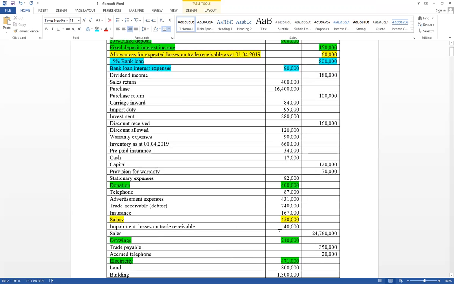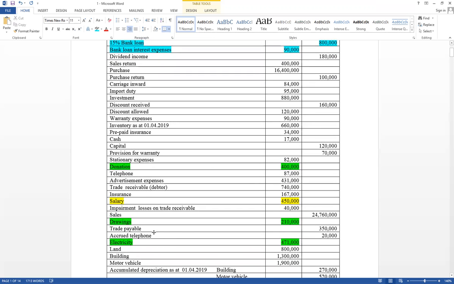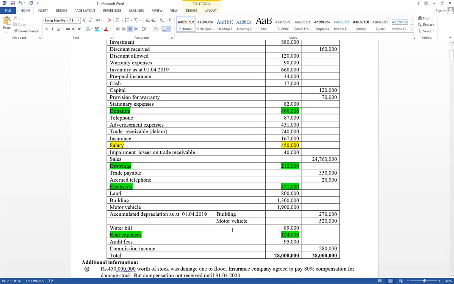Then impairment loss we have discussed, salary we have discussed, sales we have discussed, trade payable under current liability, second column, this value. Accrual telephone also current liability. Only current liability, those are already adjusted. Then land and building we have discussed already, accumulated depreciation okay. And water bill under administration expense. Audit fee also administration expense.